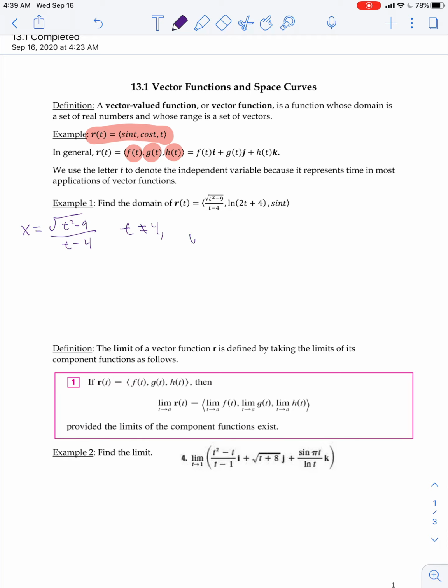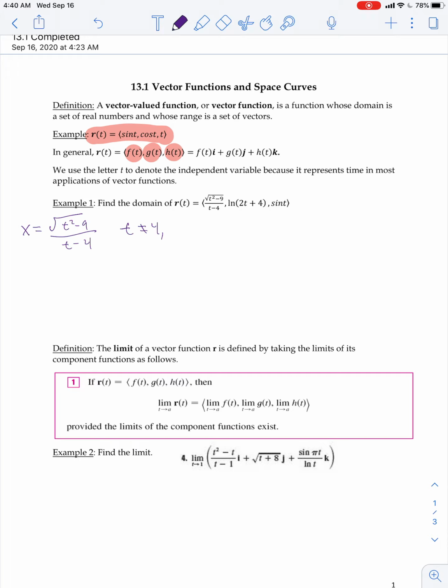Because of that, we could factor t squared minus 9. If we factor it, it would look like this: t minus 3 and t plus 3. That tells us we're going to have important points at 3 and negative 3 because that's going to give us 0. That tells us that our domain is either going to be values in between positive 3 and negative 3, or values outside of negative 3 and positive 3.